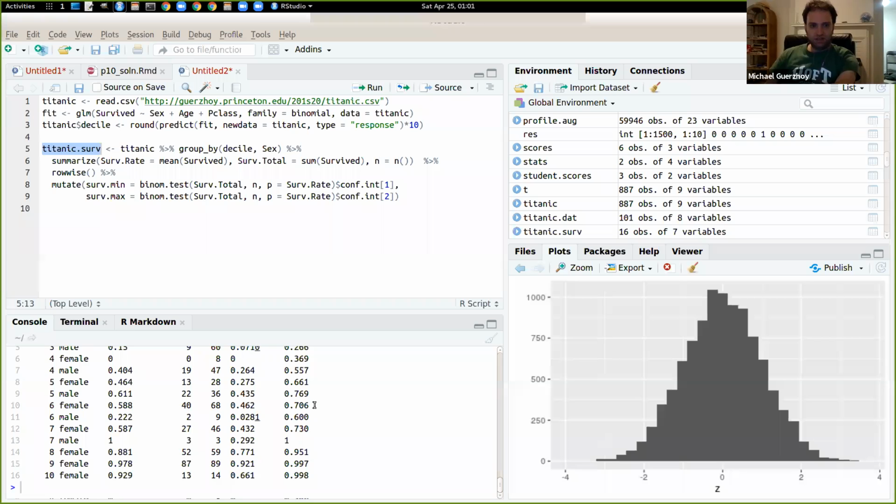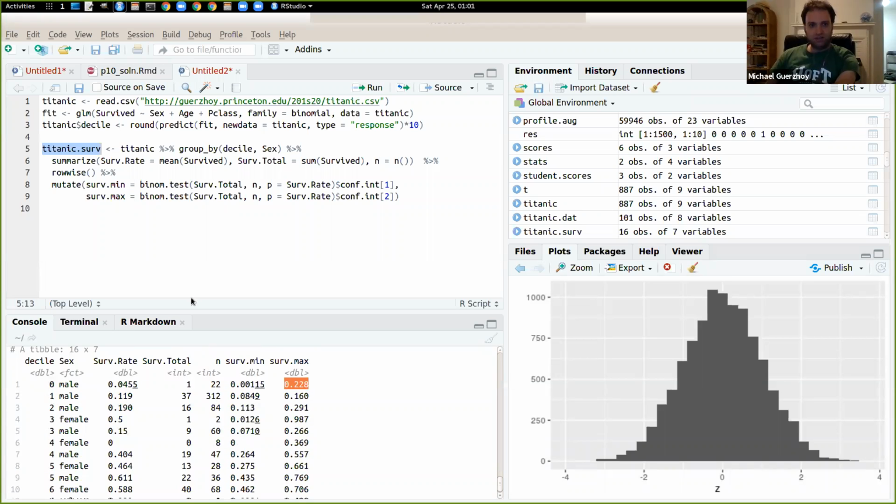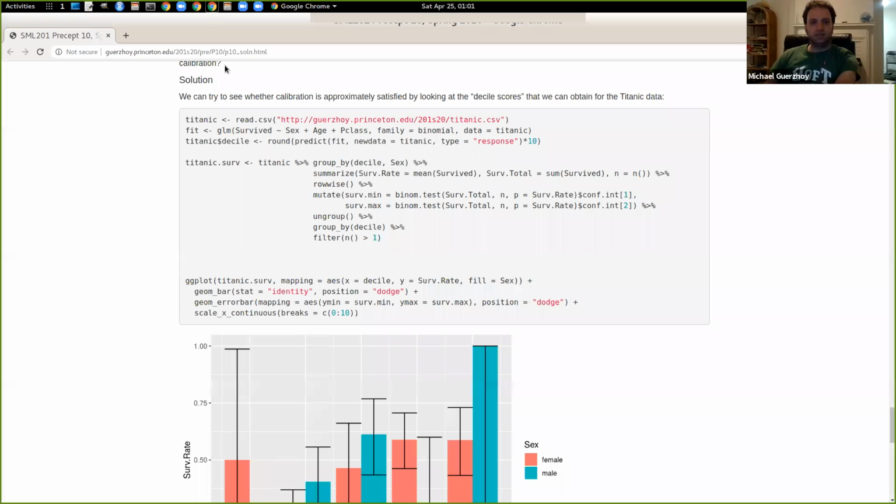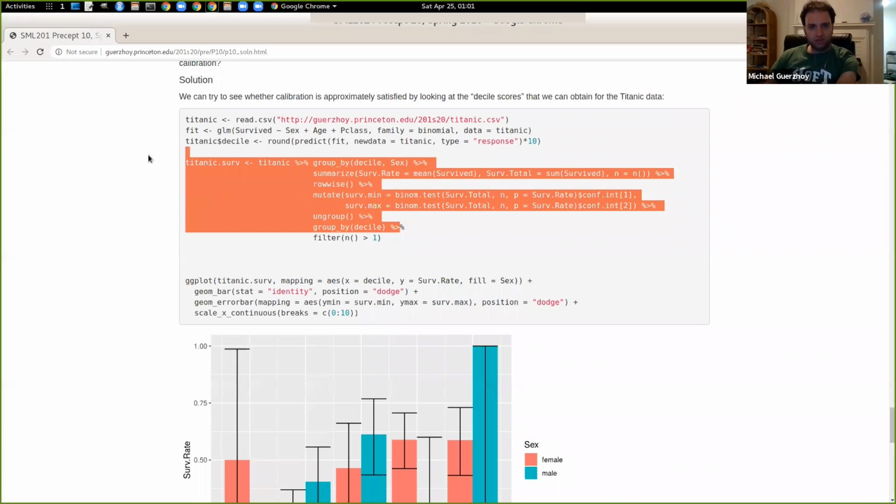We don't want any rows with n equals 0. So that's what the next bit does. We just filter.